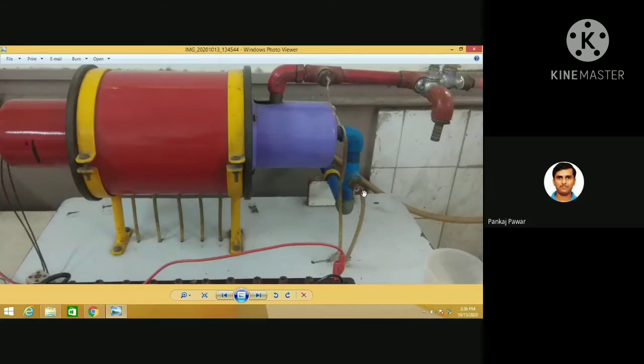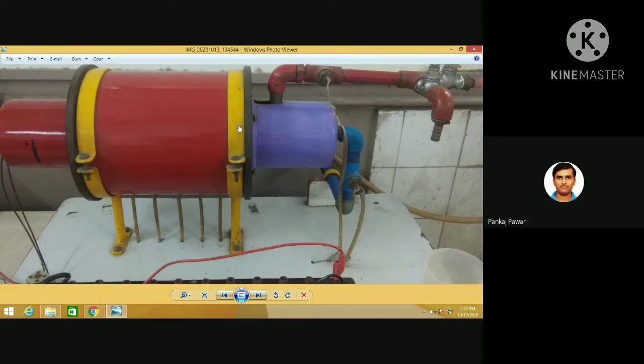Okay, so this is one thermocouple, and this is one more. This is T7 and this is T8, and on the surface of the metal rod they have placed 6 thermocouples. The total length of the test section is 200 mm.